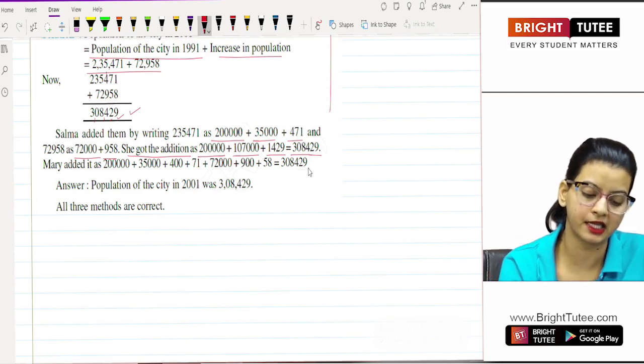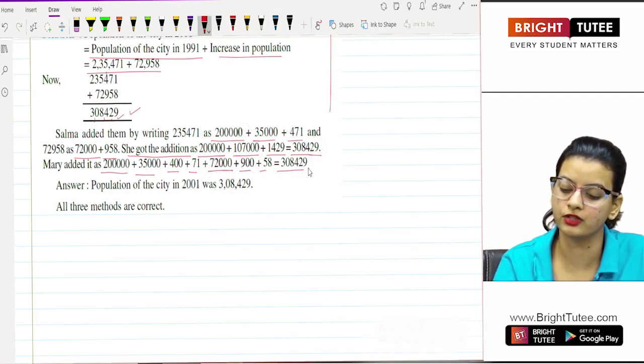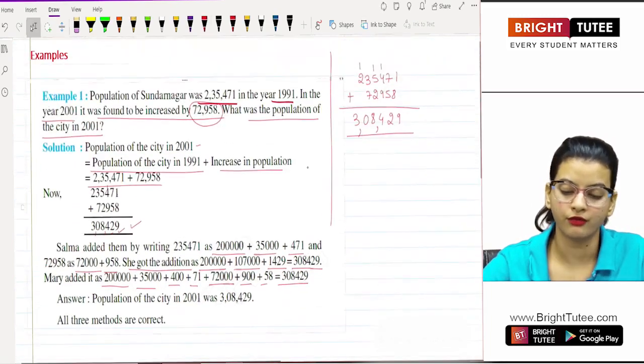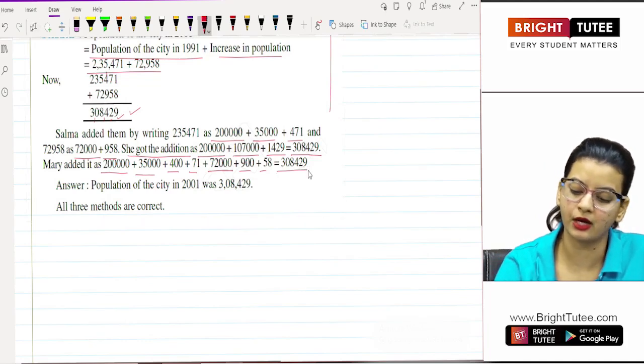And Mary added it like this. She added 2 lakh plus 35,000 plus 400 plus 71 plus 72,000 plus 90 plus 58, and she also got 3,08,429. So the population of the city was 3,08,429.